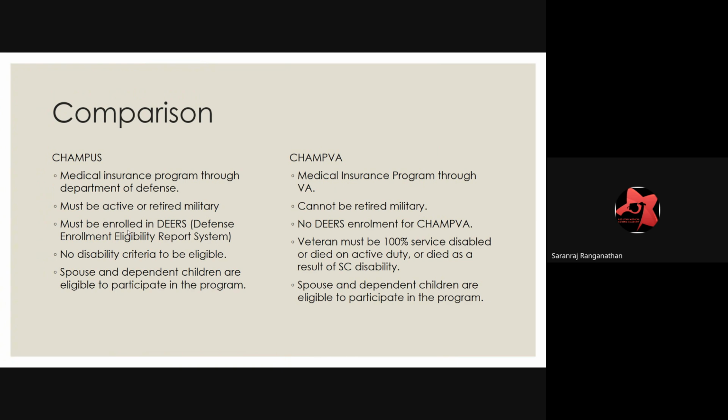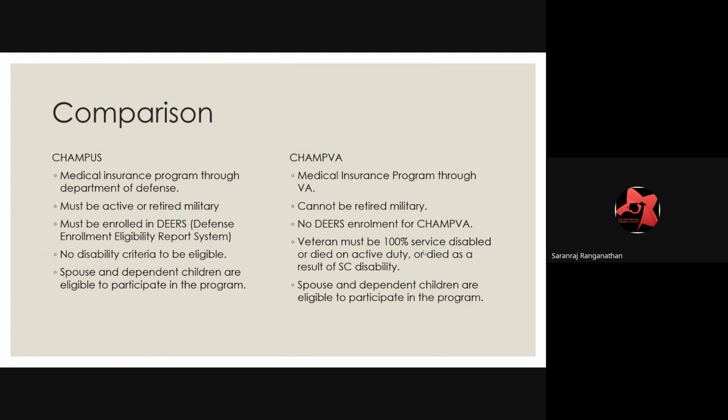CHAMPUS: must be enrolled in DEERS, which means the Defense Enrollment Eligibility Reporting System. No DEERS enrollment for CHAMPVA. Then no disability criteria to be eligible for CHAMPUS. So if disability is there, it means they won't be in the active defense department.